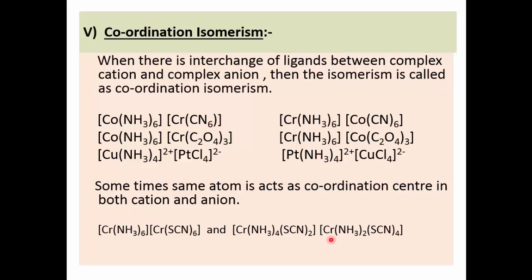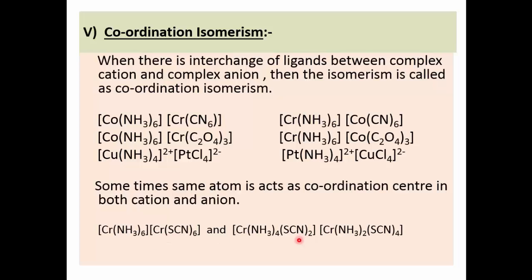While here, in the second square bracket, 2 ammonia molecules and 4 thiocyanate ions are coordinated to this chromium. In the first, there are 6 ammonia molecules. In this isomer also, there are 4 ammonia as well as these 6 ammonia molecules. Here 6 thiocyanate ions are attached to chromium.